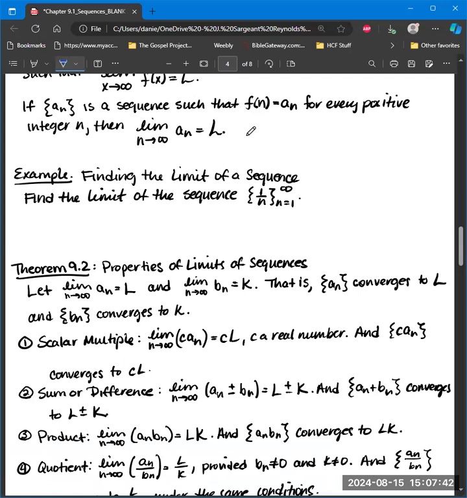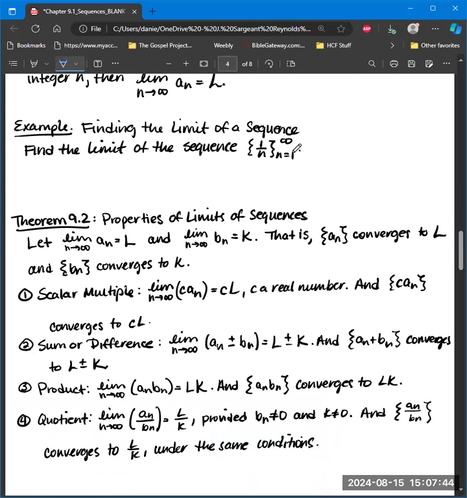we can do those for sequences as well. So finding the limit of the sequence 1 over n defined for n equals 1 to infinity, we're going to think of that as the limit as x goes to infinity of 1 over x, which equals 0, which means that the limit as n goes to infinity of 1 over n is equal to 0.